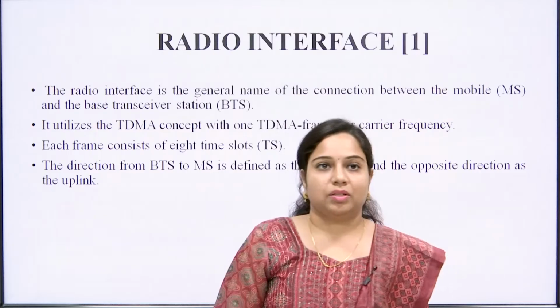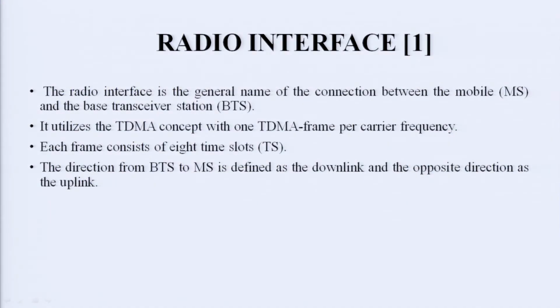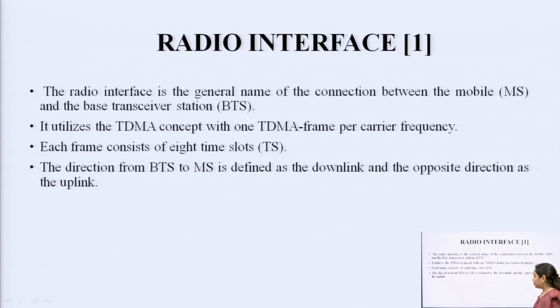First we will discuss what is radio interface, that is related to channel only. Radio interface is the general name of the connection between the mobile and the base transceiver station. Let me remind you what is the basic theory behind this GSM.